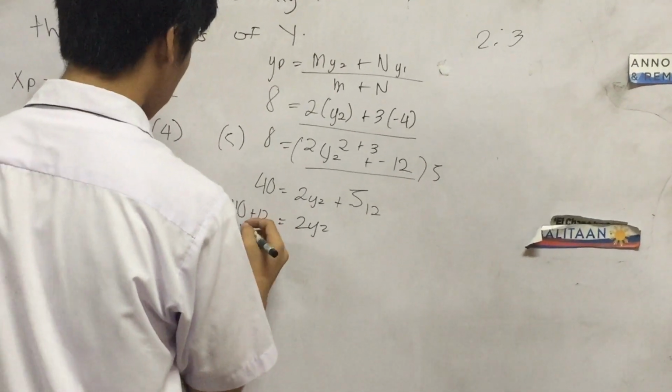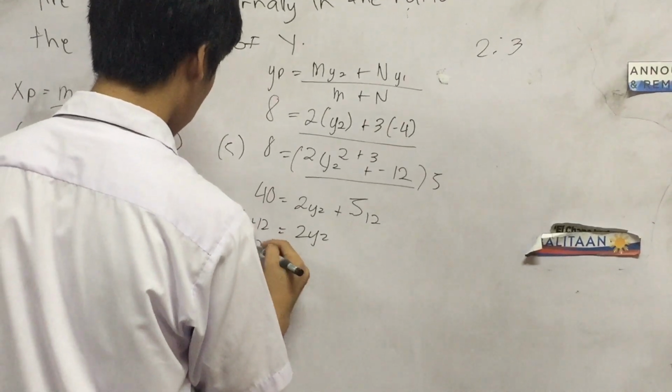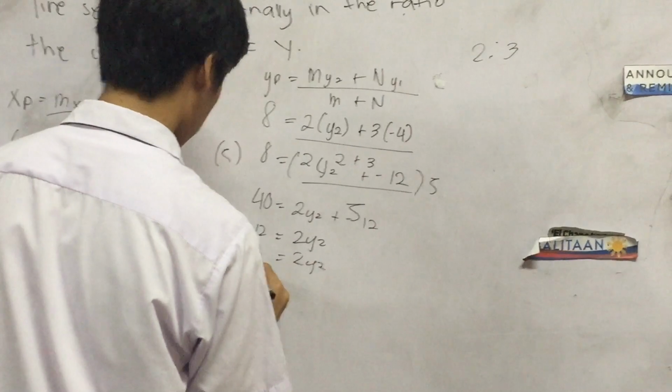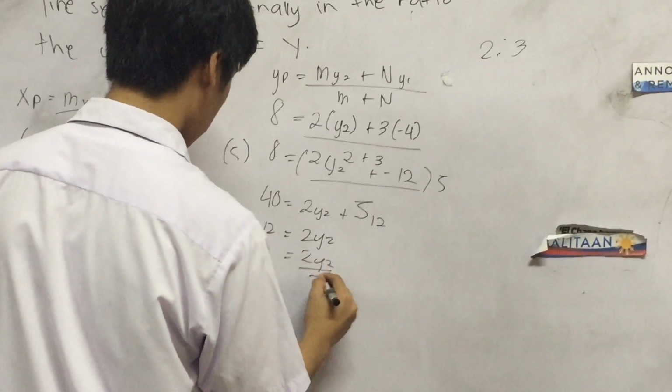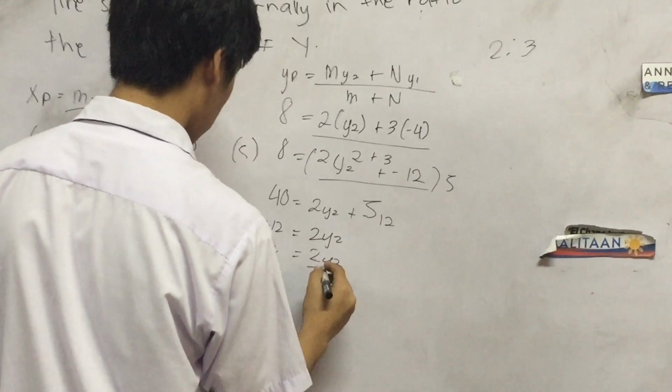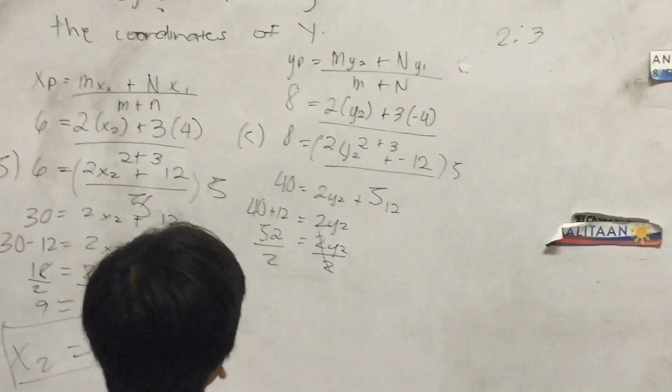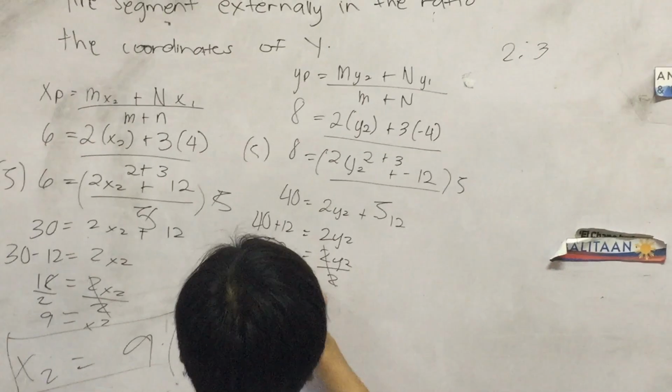To cancel the 2, divide it by 2. So 52 divided by 2 is equal to 26. Our y sub p is equal to 26.